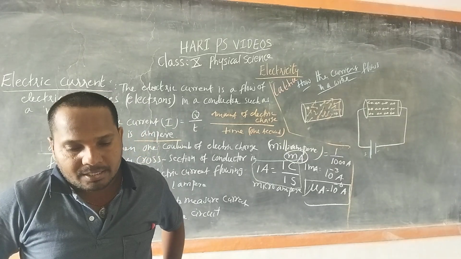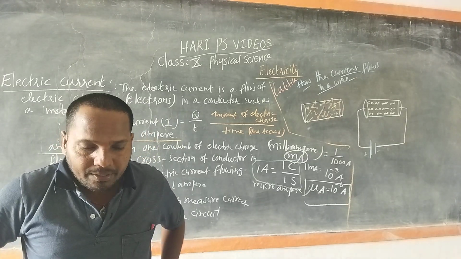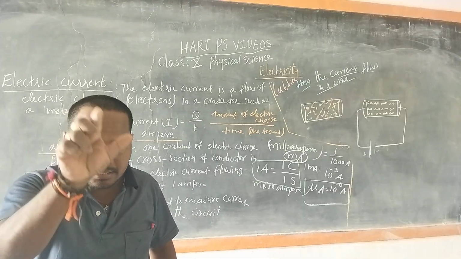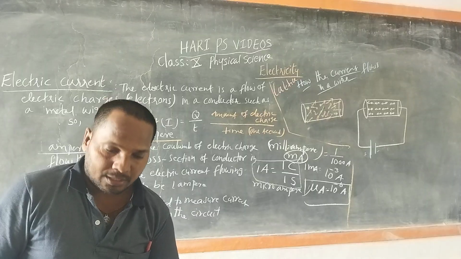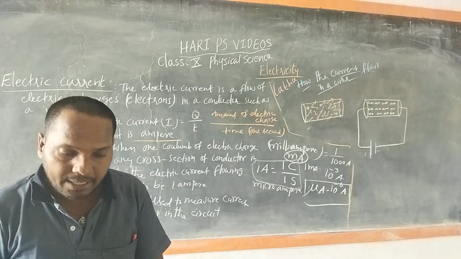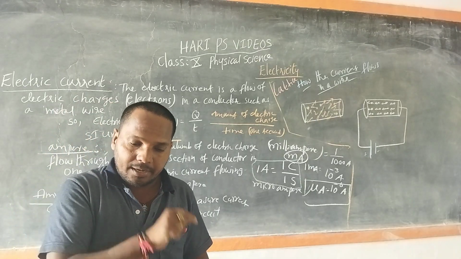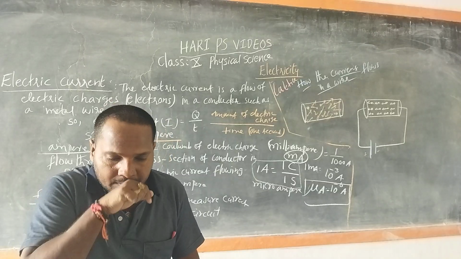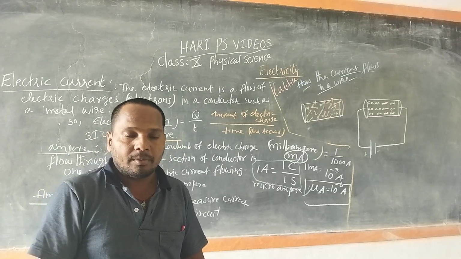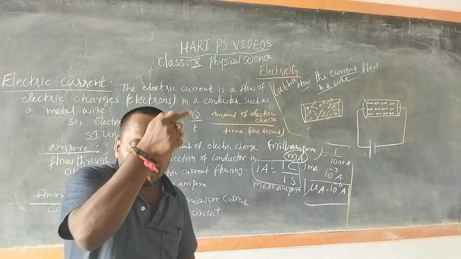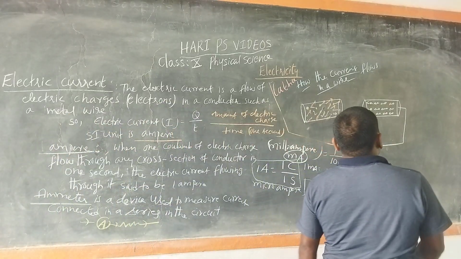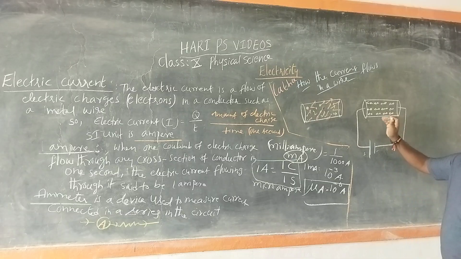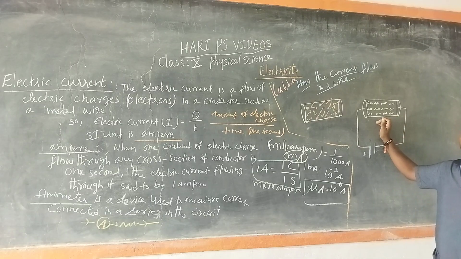When a source of electricity like a cell or a battery is connected between the ends of the metal wire, an electric force acts on the electrons present in the wire. Since the electrons are negatively charged, they start moving from the negative end to the positive end. When the metallic conductor is connected, an electric field is formed.